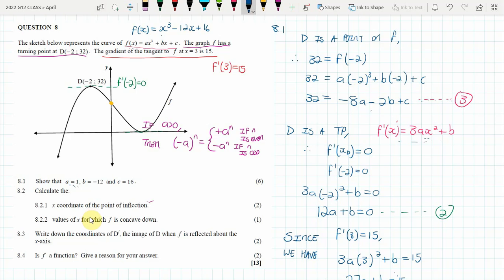Remember, that's the point of inflection and its x coordinate is 0.